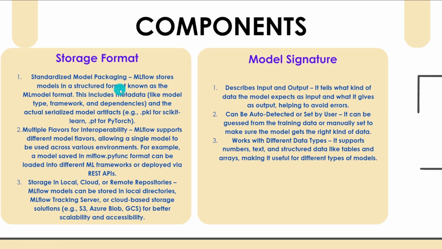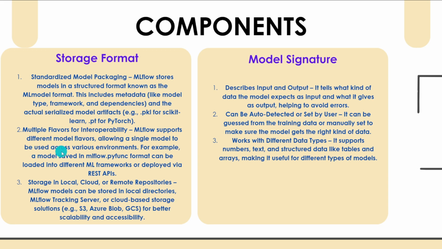This includes the metadata like model type, framework and dependencies, and the actual serialized model artifact such as a pickle file for scikit-learn or a .pt file for PyTorch. Multiple flavors for interoperability: MLflow supports different ML model flavors, allowing a single model to be used across different environments.